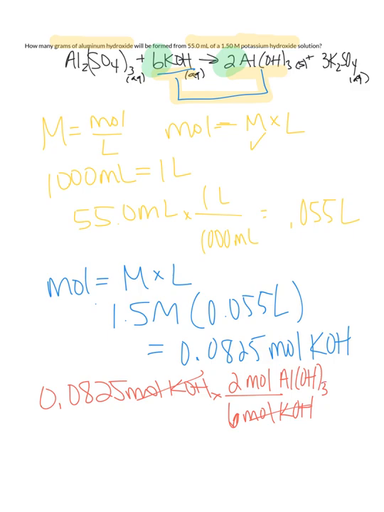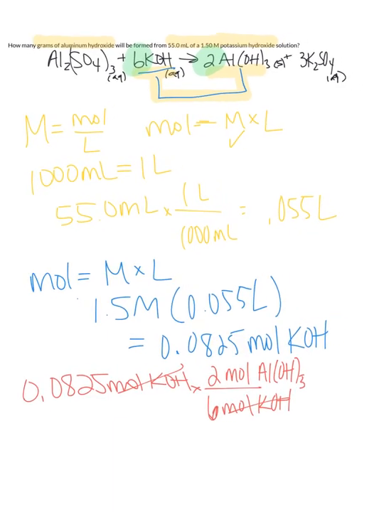And then am I done? Well, the problem asks for grams of aluminum hydroxide. If I stop my problem right here, I'm actually going to end up in moles. So I do have one more step. I know the molar mass of aluminum hydroxide will allow me to convert this from moles to grams. The molar mass of aluminum hydroxide is 78 grams.